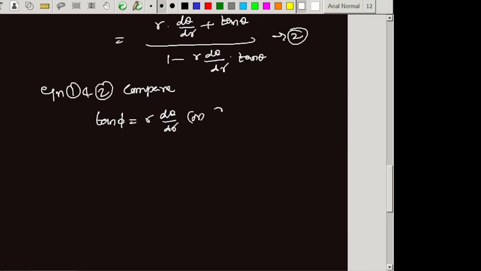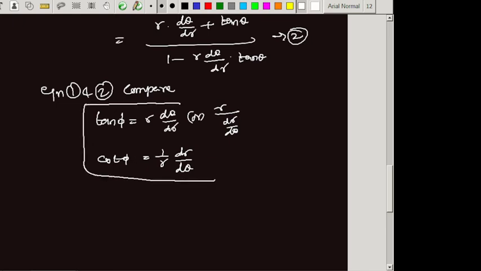Otherwise, we can write it as r divided by dr/dθ. If we take the reciprocal of this, we can write cot φ equal to 1 divided by r into dr/dθ. This one we are using to find the angle between the radius vector and tangent.